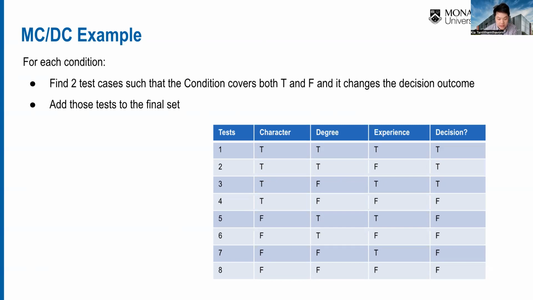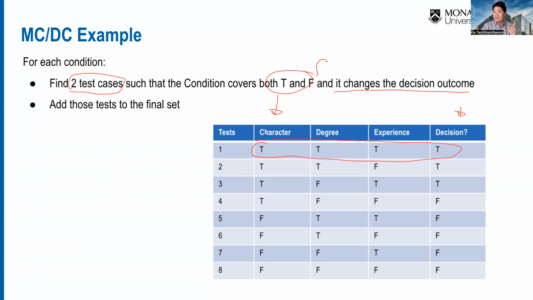For each condition, let's start with the character. We want to find 2 test cases such that the condition covers both true and false, while the other conditions are the same, but it changes the decision outcome. This is the decision outcome. First, true for everything.